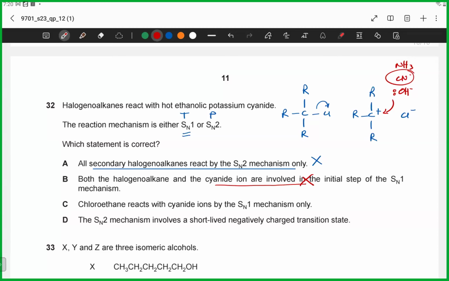और वो कह रहा है कि chloroethane reacts with... chloroethane कौन सा है? Primary halogenoalkane है, second या tertiary है? ये वाला primary है, right? अच्छा क्लोरोइथेन इज प्राइमरी, ठीक है। तो प्राइमरी जो होगा वो... Oh, sorry. Primary is SN2.